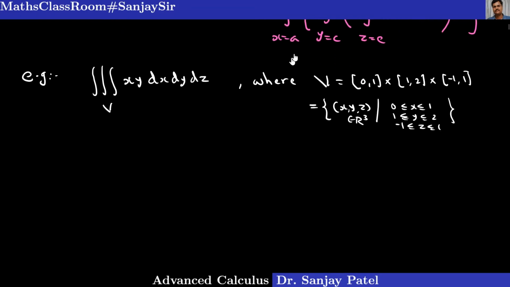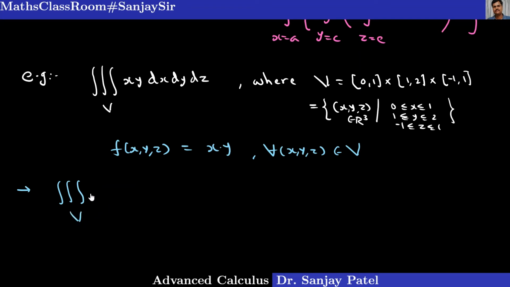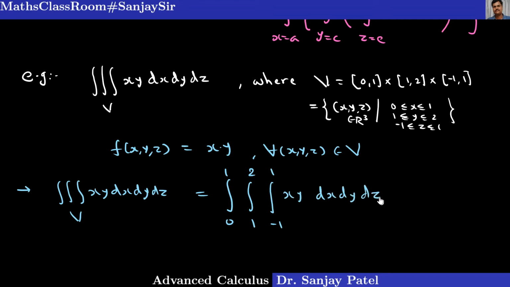So our function here in this case is f of x comma y comma z is equal to x into y for all x, y, z belongs to the volume V. So this triple integral over the volume V, x into y dx dy dz, according to our definition, is integral 0 to 1, integral 1 to 2, and integral -1 to +1 x into y dx dy dz.